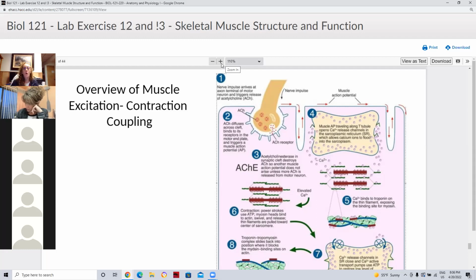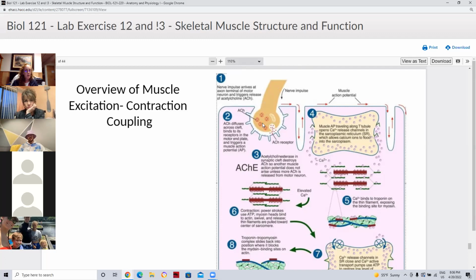Okay, so overview from beginning to end. The nerve impulse arrives at the axon terminal of the motor neuron and triggers the release of acetylcholine. Acetylcholine diffuses across the cleft, binds to the receptors in the motor end plate, and triggers a muscle action potential.